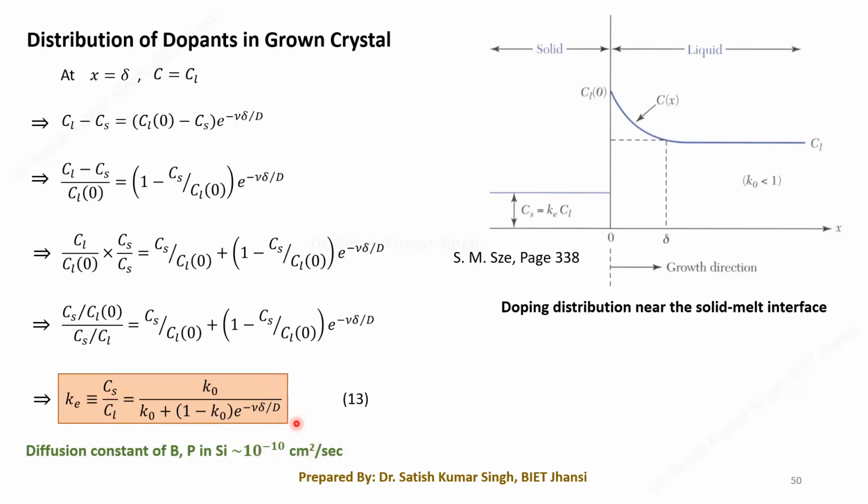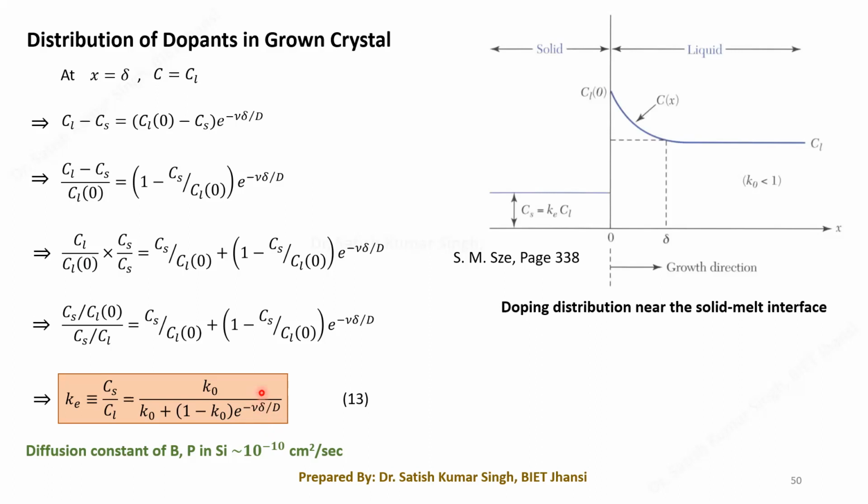So basically what I can say is, if we want to make this exponential factor small, then ultimately we have to increase this numerator term. So how can it be increased? By increasing the nu, which is your pulling rate, and by increasing the thickness of the delta.